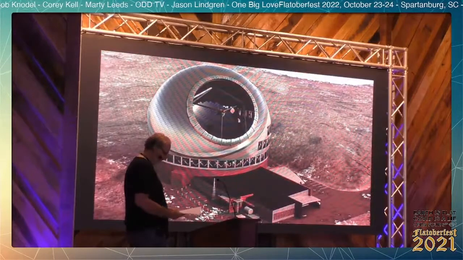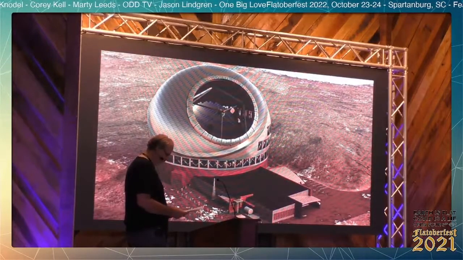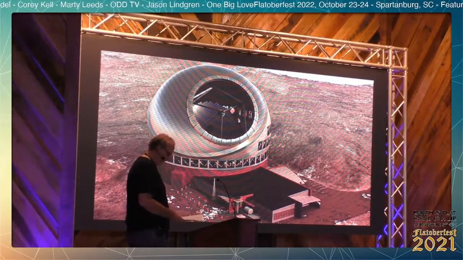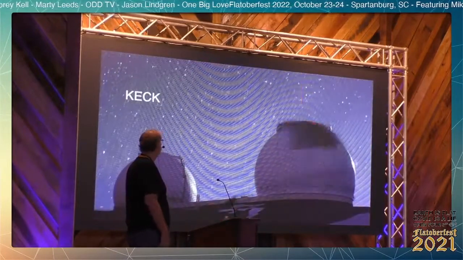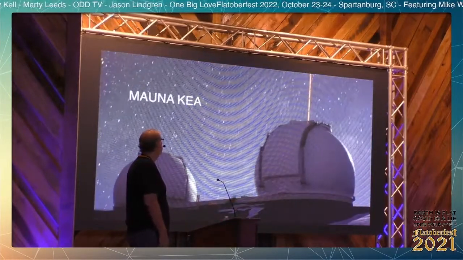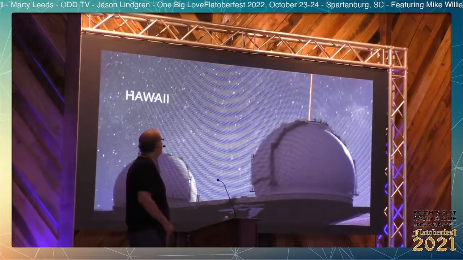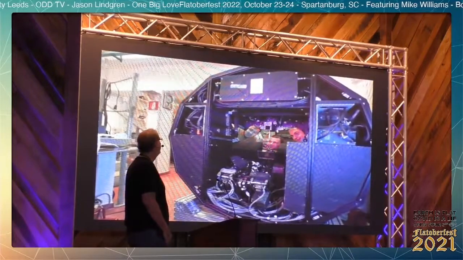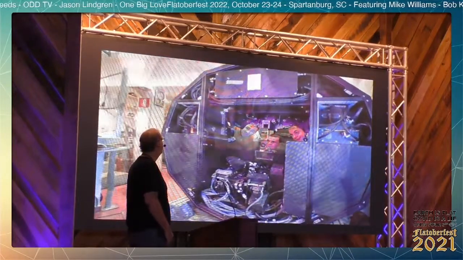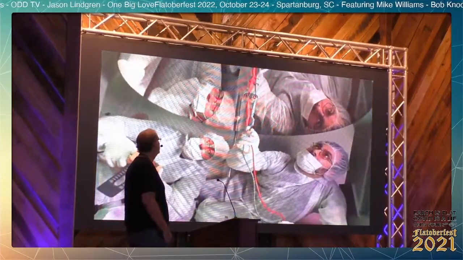The TMT will have 492 segmented mirrors. This will make it 9 times the power of the Keck, which is currently the world's largest telescope. And we'll use the latest generation of the Laser Guide Star adaptive optics system.